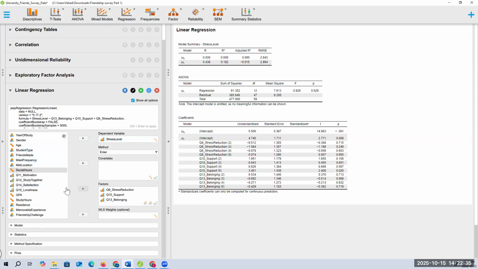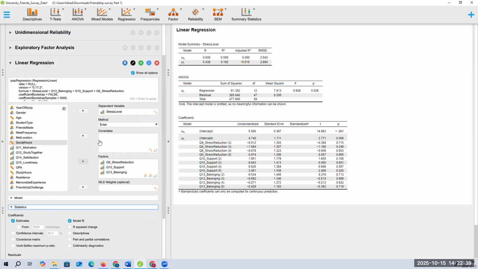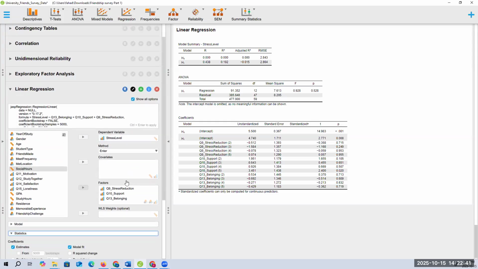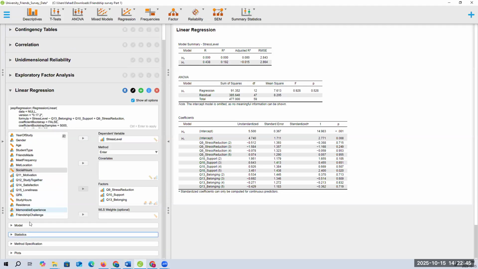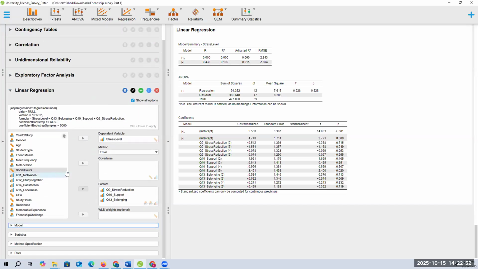Statistics, model fit. I think you should just regression model terms statistic.